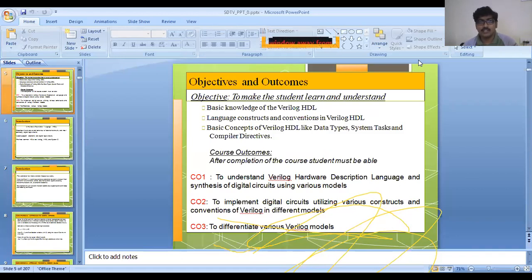As we said, we have different types of modeling styles in Verilog. You must be able to differentiate all those, and write programs in those formats. Okay, these are the objectives and outcomes.